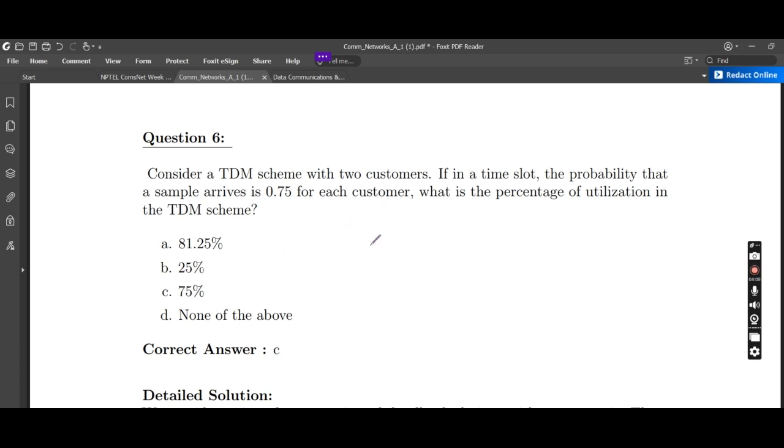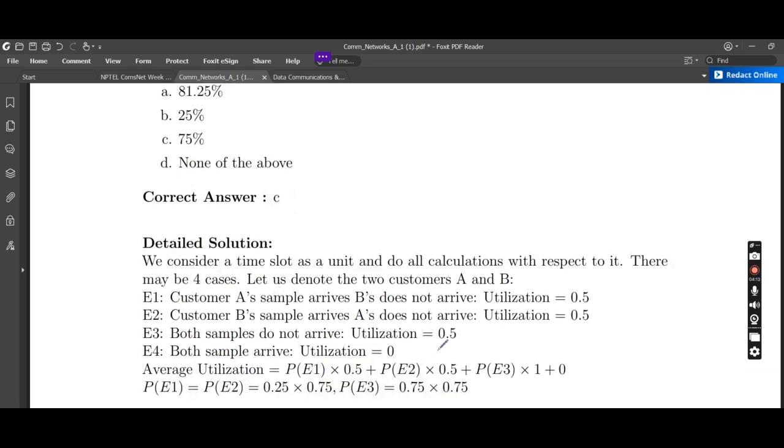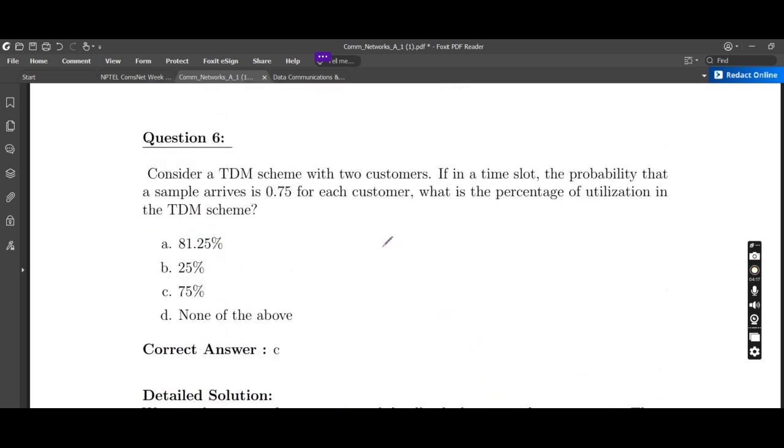So the first case is that A's sample arrives but B's does not. What is the probability? PA is 0.75, PB is 0.75. Now the first case is A arrives, B does not arrive, so P(A B-bar).